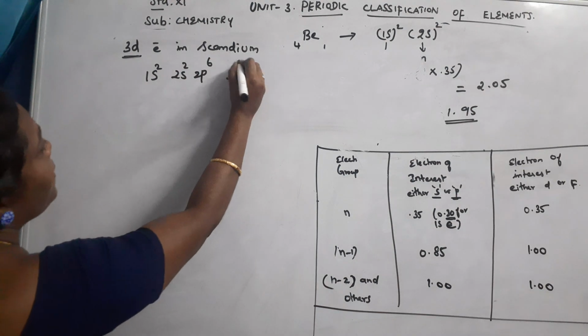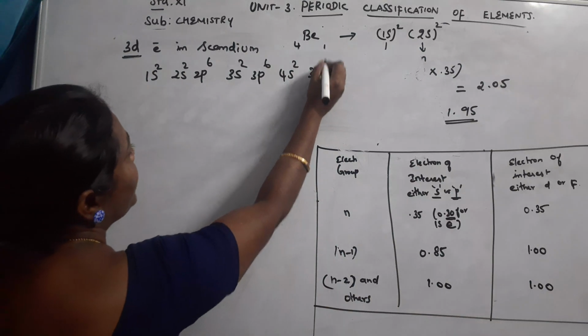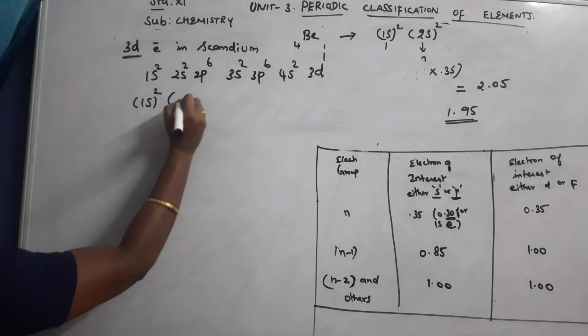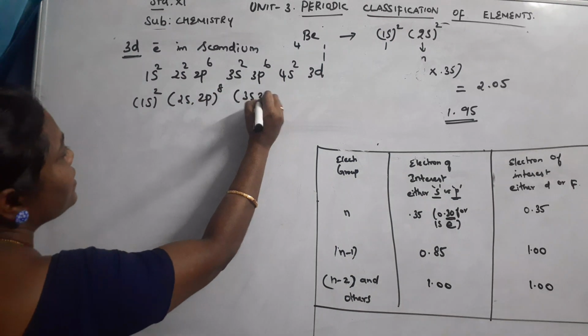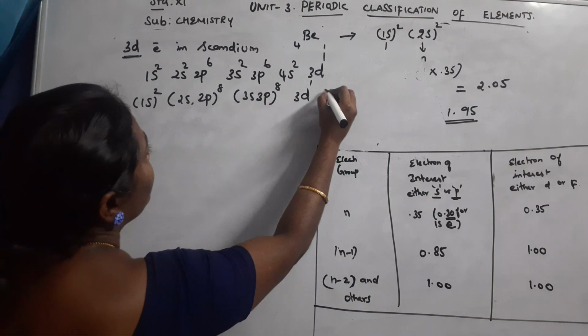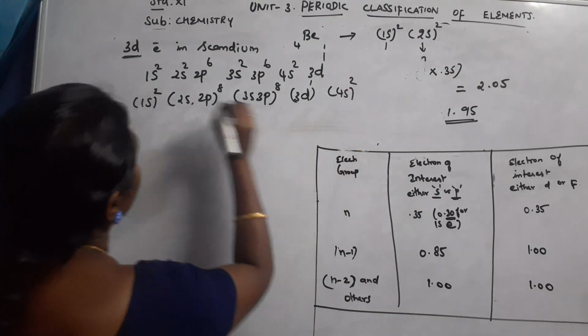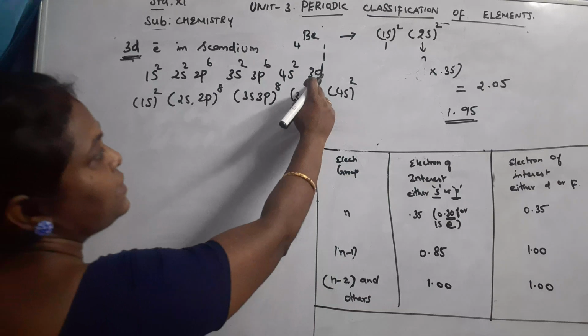Scandium, as I already told, has atomic number 21. How can we group now? 1s2, 2s2, 2p6, 3s2, 3p6, 4s2, 3d1. Next we rearrange it: 1s2, then 2s 2p, then 3s 3p, 3d1, and 4s2. Now we are going to calculate only for the electron present in the 3d orbital.